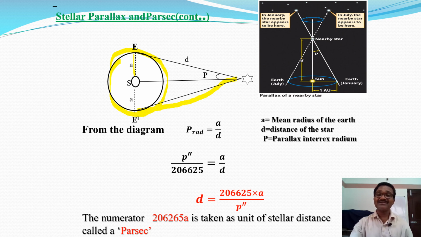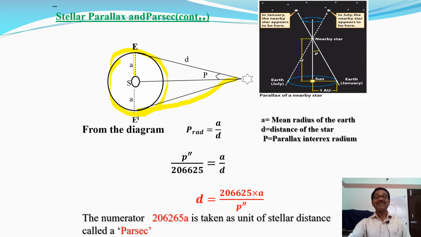Some of the stars are far away from us. For those stars, the angle made by the Earth's orbit is in terms of minutes, in terms of seconds also. That's why we converted the angle in terms of seconds.